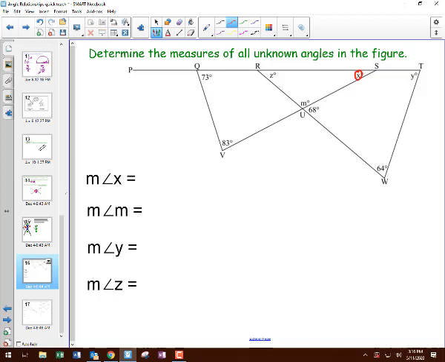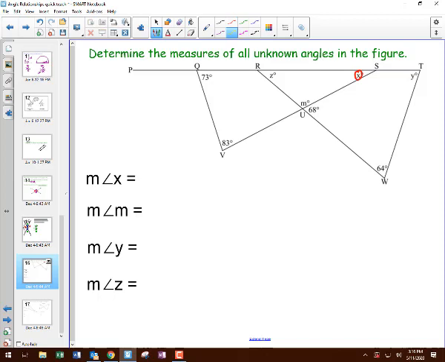Three angles inside of a triangle add up to 180. That's pretty good knowledge we'll use. The other thing we'll use is supplementary angles. Look for the straight angles, and 180 minus what you're given should give you another angle measurement. The hardest part here is identifying what triangles to use.